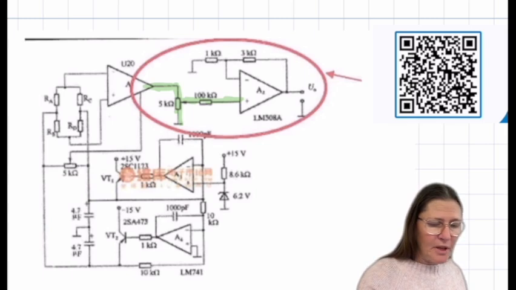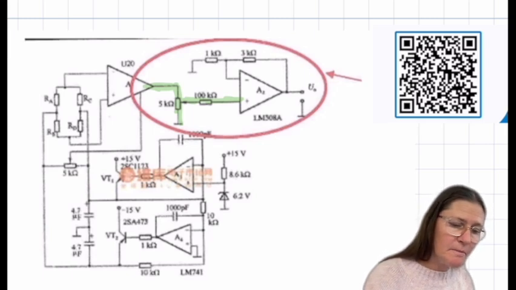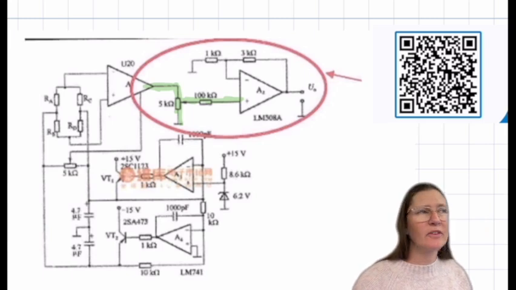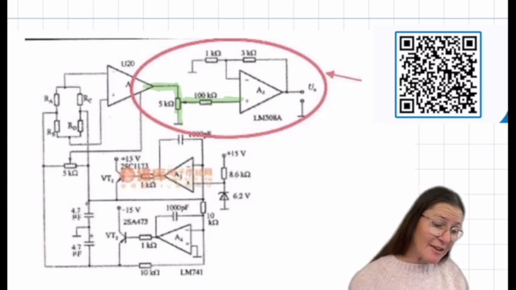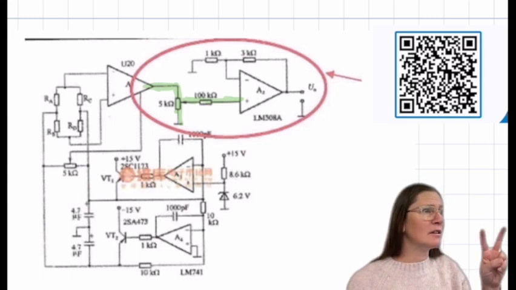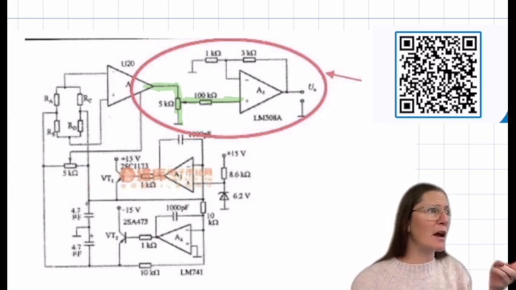And then what do I ask next? Where the voltage is going into. Okay, so I could ask that one. But feedback or no feedback? So does this have feedback or no feedback?